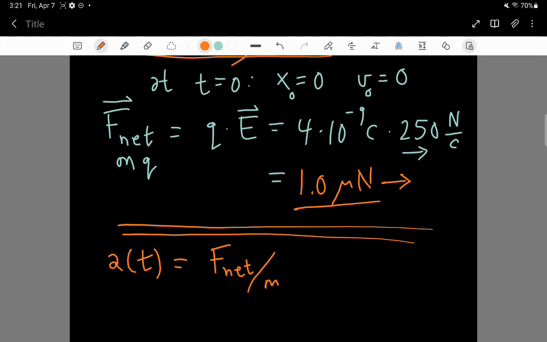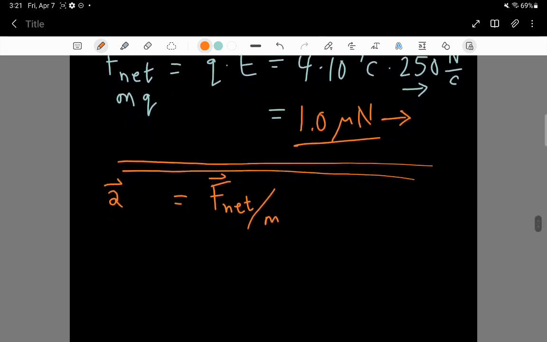The net force has no time dependence, and also the mass has no time dependence. So in fact, our acceleration has no time dependence, so the acceleration is going to be a constant. So we're just ready for that. Another detail is the force definitely has a direction. It's towards the right. So that means the acceleration is also directed towards the right.